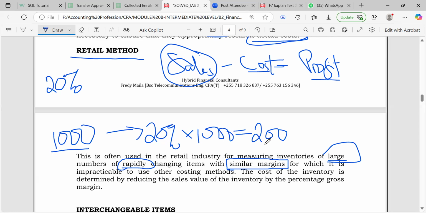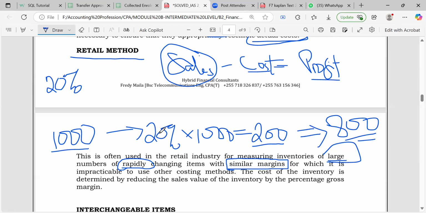You deduct the profit of 200, and then you get 800. Oh, this is my cost. This is what we do, right? Yes. That's why we say with similar margins, because maybe some take 30% of the sales, others 40%, others 25%.